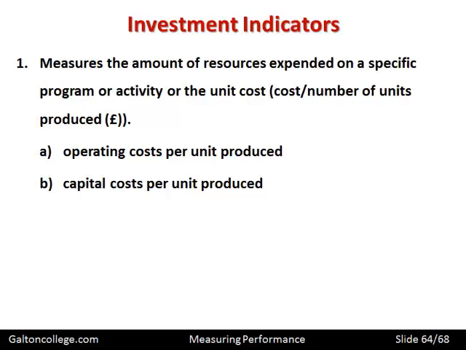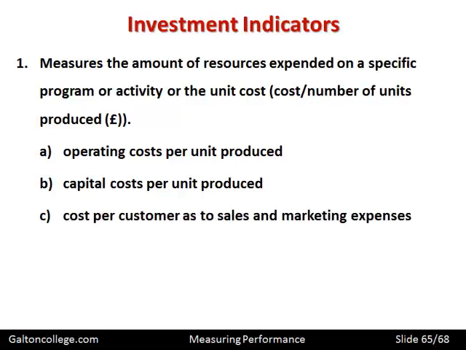It's also important to look at the capital costs per unit produced. How much machinery and how much equipment are involved in production, and how many units are produced. The cost per customer, as a proportion of sales and marketing expenses. So what's the cost per customer arising out of sales and marketing?